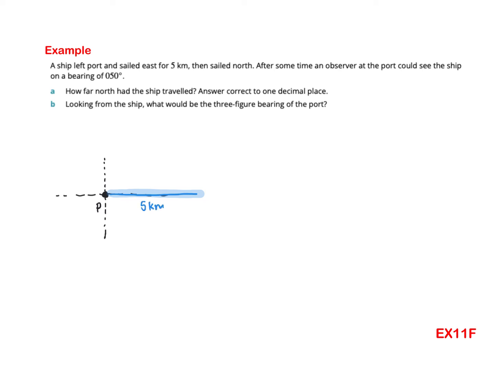Okay, so then they're at this next point here, and then they sailed north. So we don't know how far they went, but we know they went north, okay? So now here is where we've got our little ship. So then they said after some time, an observer at the port. So here the observer's here at the port, okay?